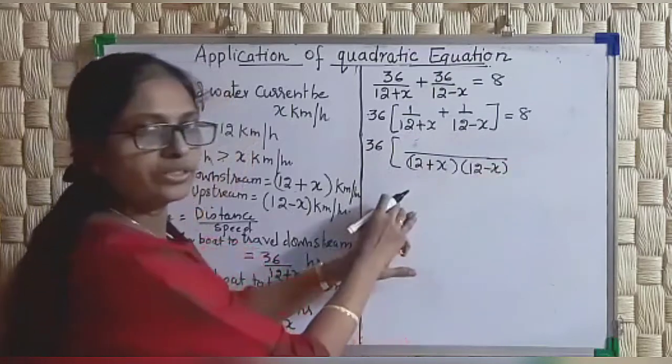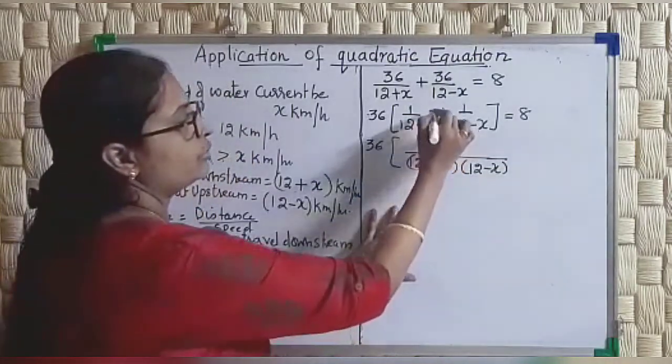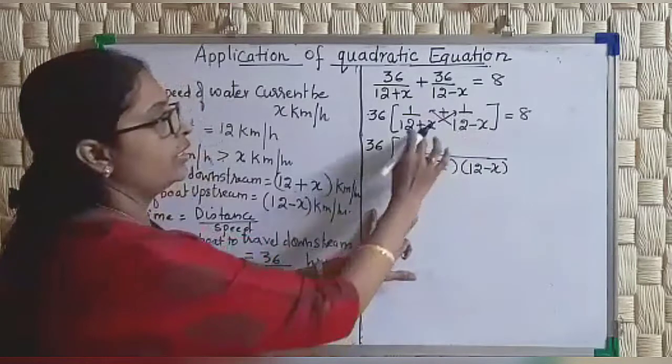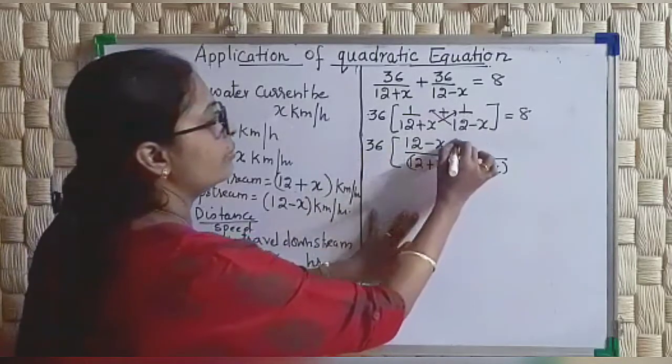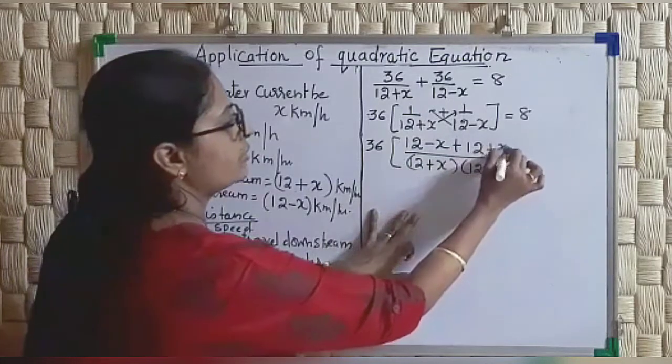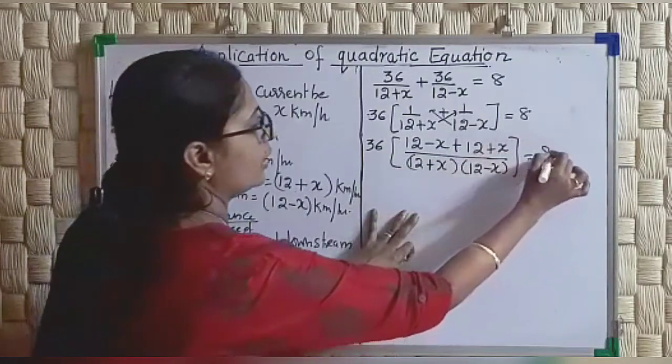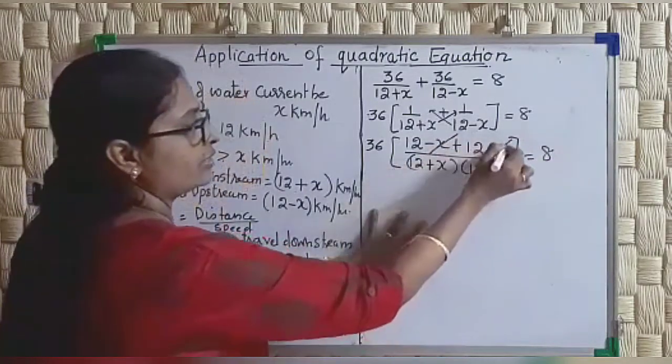Now in the numerator, we have to cross multiply the denominators. You will get 12 minus x plus 12 plus x is equal to 8 here. Now x will get cancelled.